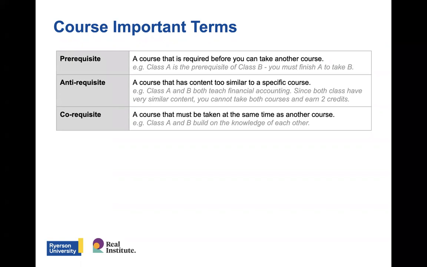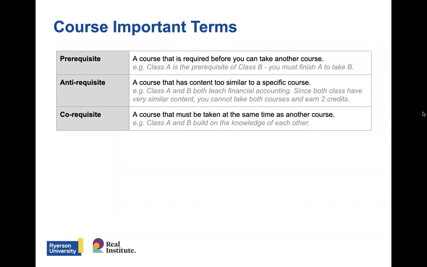So they might be teaching communications for engineering, they might be teaching communications for business students, but fundamentally they are very similar. And the anti-requisites are restrictions on each other. So if you take the communication course for business, you can't be taking the communication course for engineers and earn both credits, because the whole idea of the university of you taking 40 credits is that each of the 40 credits that you earn, you've learned a new content, you've learned a new theory and knowledge behind every class.